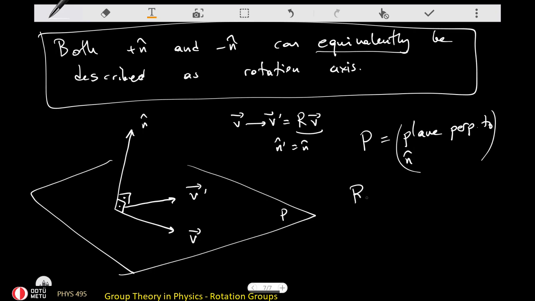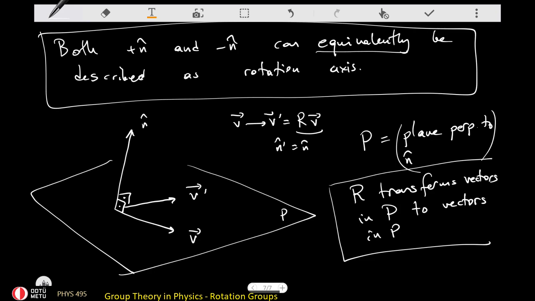In that case, R transforms vectors in this plane to vectors in P. So essentially, R is a rotation within that two-dimensional plane P. As a result, you can think of this rotation R as an element of SO(2), but for that two-dimensional plane.